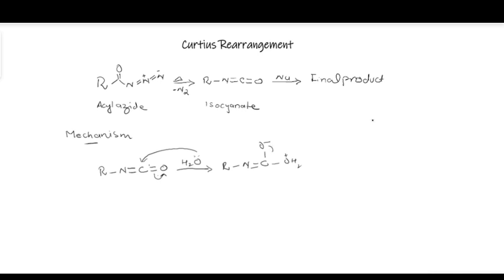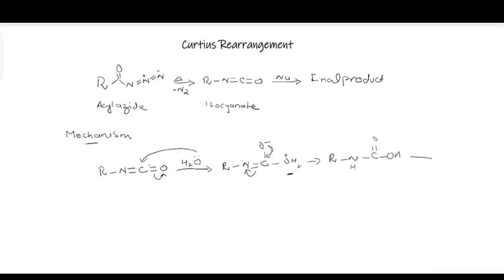When this oxyanion collapses back, it allows the shifting of these pi electrons towards nitrogen, which will then take a proton from this OH2. So this will become NH, and this will become a carboxylic acid moiety.